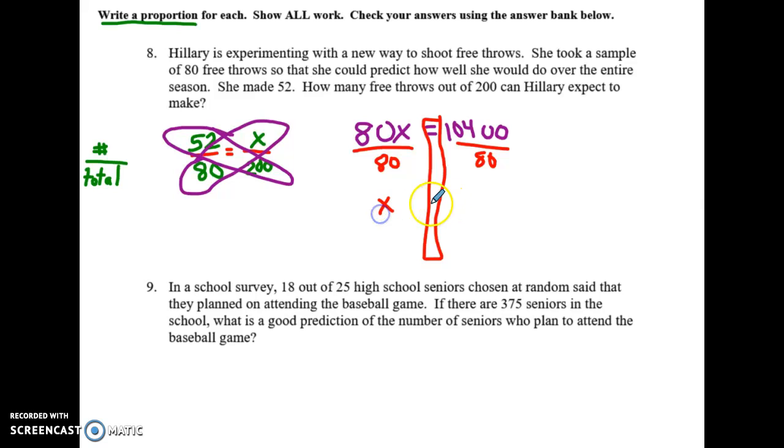And we should come up with an answer that makes some sense. 10,400 divided by 80 is 130. So we have a feeling that she will make 130 free throws out of the 200 that she'll do during the season.